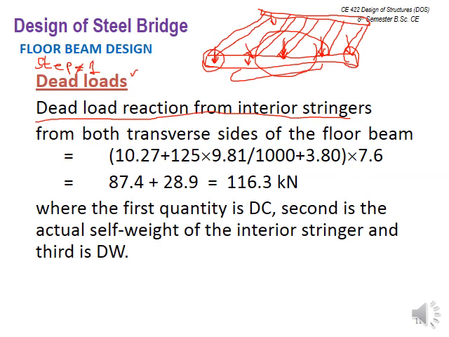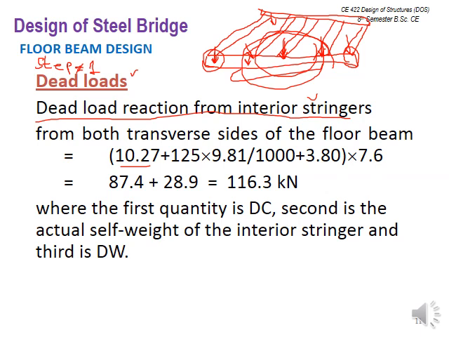Starting from the interior stringers, these three, the calculation will be the same. For one you will calculate, and you will apply it at 3 points. For both transverse sides of the floor beam, the total span is 7.6. For this case you have 10.27, one factor.